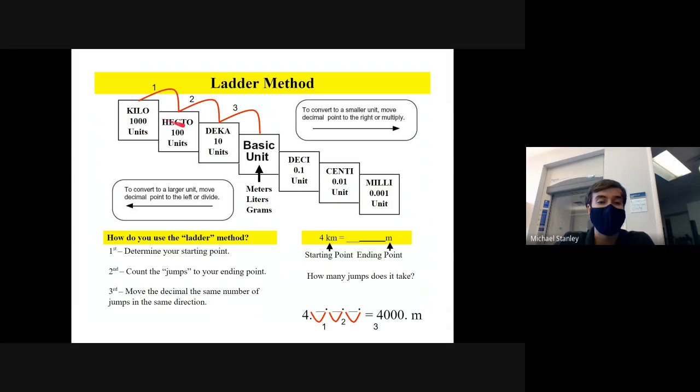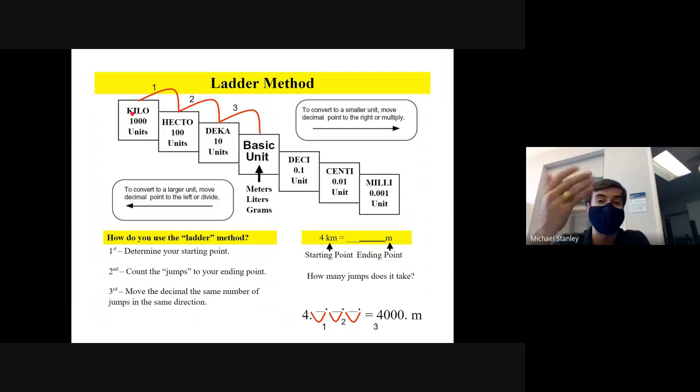So here we have our different units arranged from biggest to smallest. There are some on here that we didn't really talk about, like hecto and deca and deci. So don't really worry so much about those ones. The main ones that we're going to focus on are our kilo units.